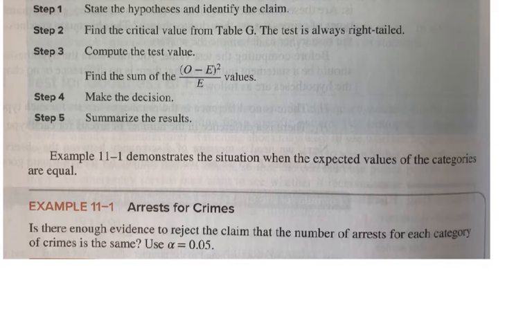So let's review the procedure table for, well, this is basically the same as for any hypothesis test. We're going to first state the hypotheses and identify the claim, then find the critical value. In this case, this is a chi-squared test, so we're using table G, and this is always a right-tailed test. Then, in step 3, we compute the test value.